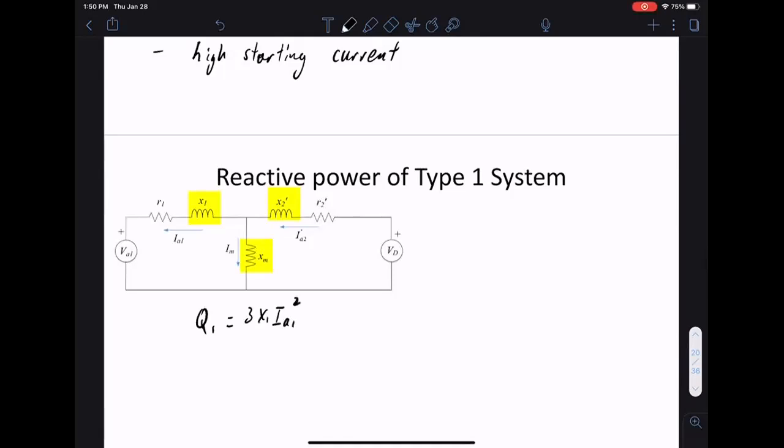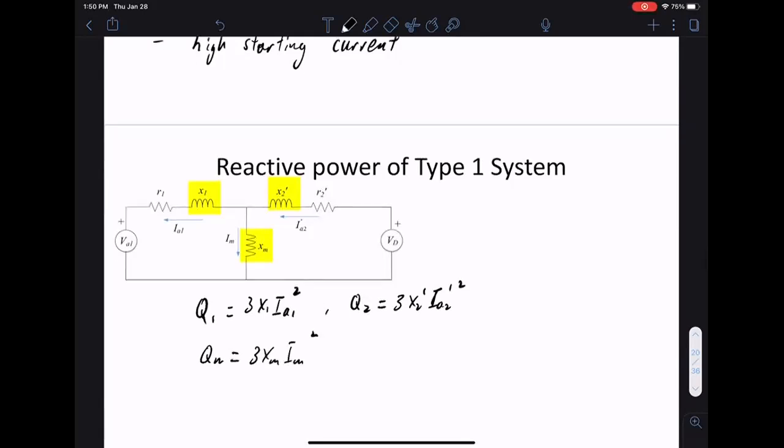Q1, the inductor on the stator side, consumes reactive power. The inductor on the rotor side consumes reactive power. The shunt inductor also consumes reactive power.